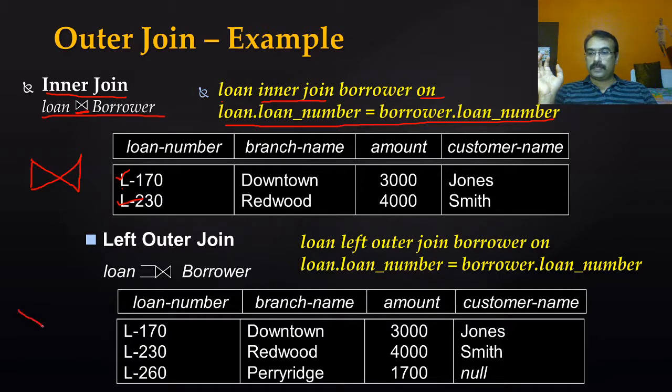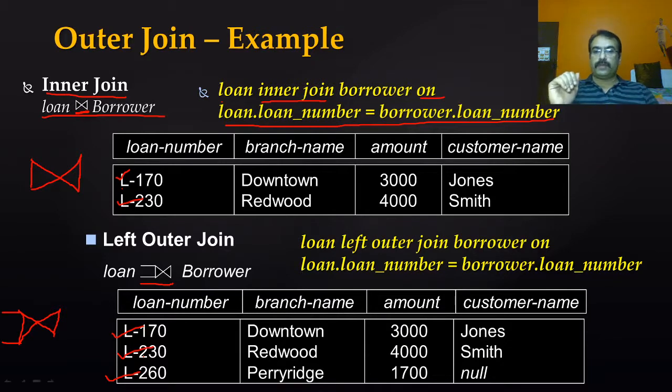It is a natural join symbol, but I am extending it to the left side. See here. So what does it do? L170, L230 both are common, and then the leftovers from the left argument.